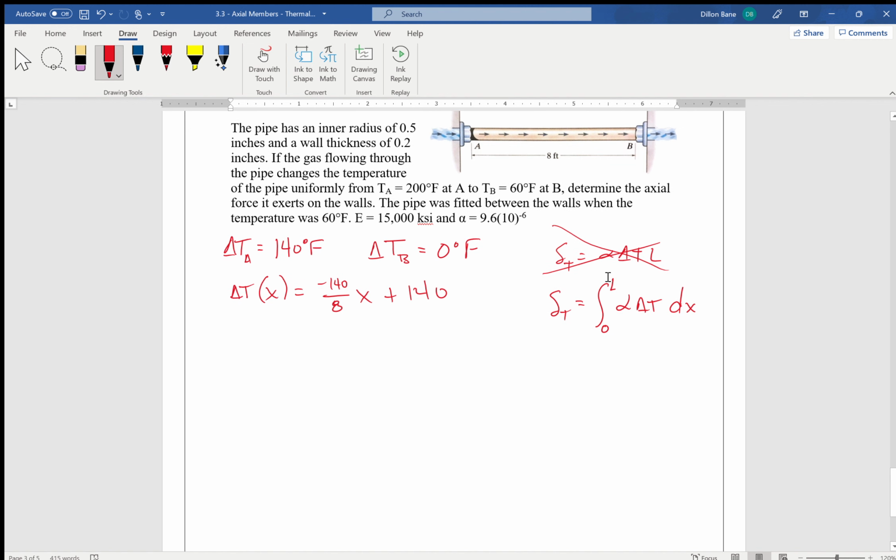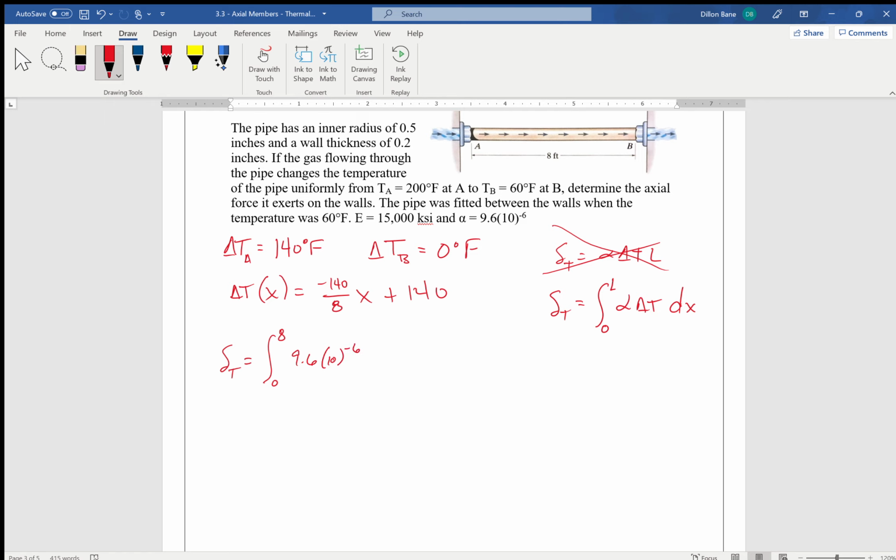And so if we know this, then it's just a plug and chug, right? Because we've got all the variables that we need. So delta T is equal to the integral from 0 to L. We know L in this particular case is 8 feet. Alpha is 9.6 times 10 to the negative 6.